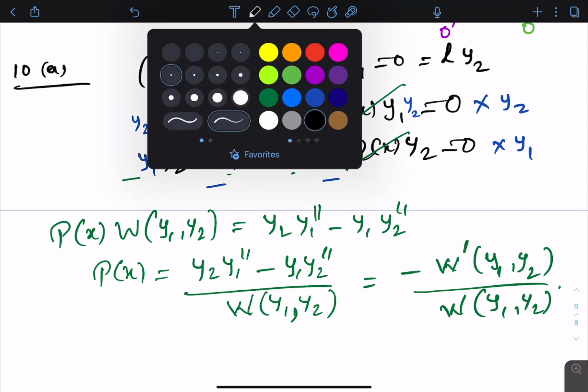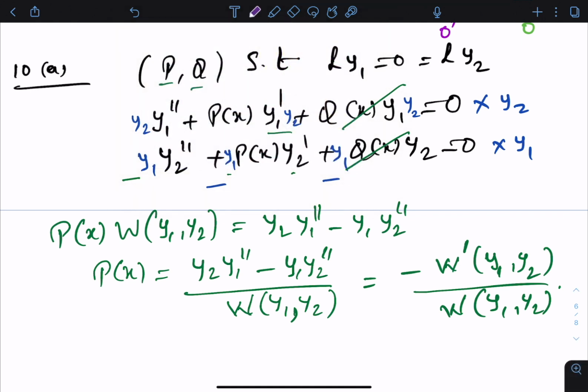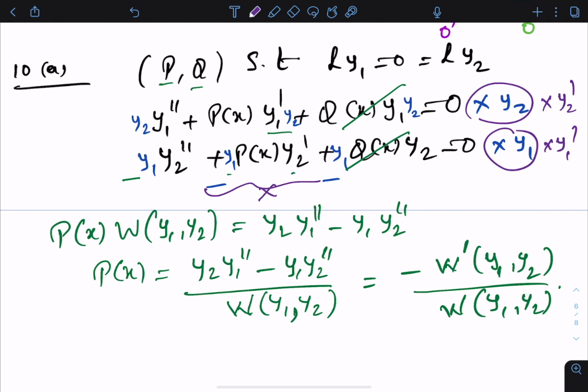What you do is, in the same equations, instead of this, you could have multiplied by y2 prime and y1 prime. In that case, you would cancel out the P term here, and you will get an expression in terms of q.